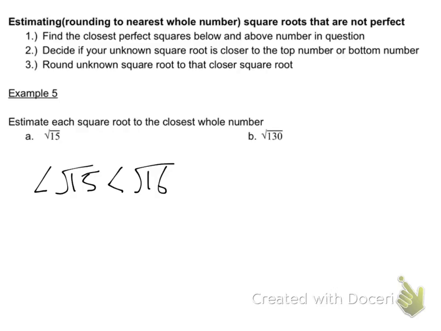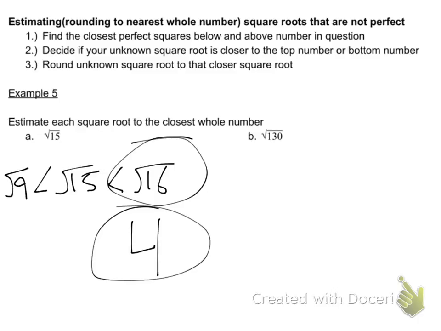And we know it's greater than what number? 14 is not a nice number. 9. 9 is a perfect square. The question then you have to ask yourself is 15 closer to 9 or is it closer to 16? So it's closer to 16. So if I was to round it, it would end up being 4.